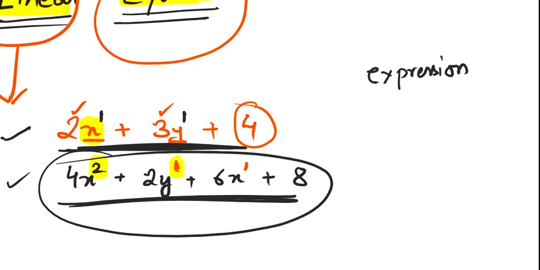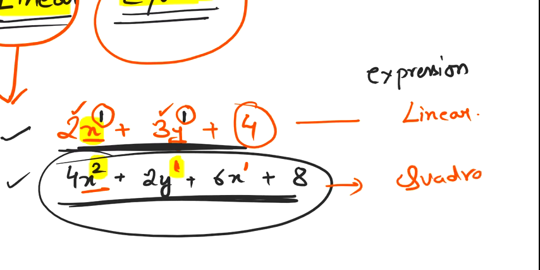So when the power of a variable is 1, it is known as linear, and when the power of the variable is 2, it is known as quadratic. Clear?